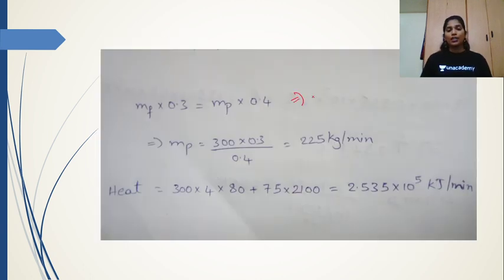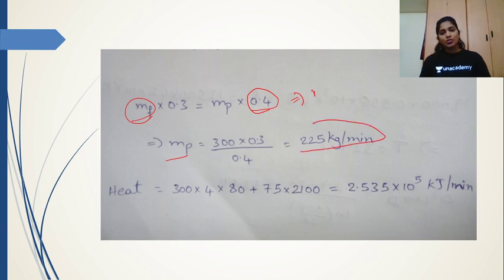From this data we already have mf, the mass inlet flow rate, as 300 kg per minute, and the mass of the product is what we need, with 40% solution. So the mass of the product is 225 kg per minute. You should mention the dimensions also, because we are taking the mass flow rate of feed as kg per minute, so obviously you have to mention the product also in kg per minute.